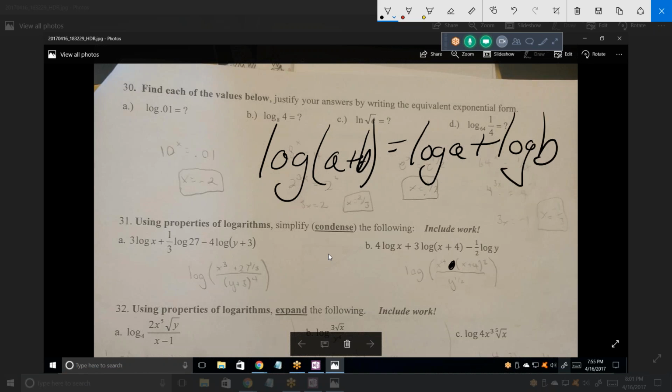It's only the case if it's A times B and the argument turns into addition. But the thing to remember is this is never the same as that. They're always different. If this is division, this is subtraction. If this is multiplication, this is addition. That's one way to remember it, is you're always changing it.